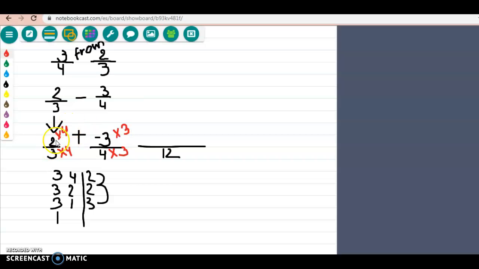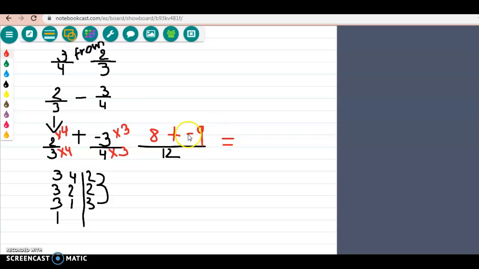Now, we have two positive numbers, yes? 2 times 4, 8. Plus, yes, plus, we have negative 3 times 3, it's negative 9. Now, remember that we have negative numbers and positive numbers.